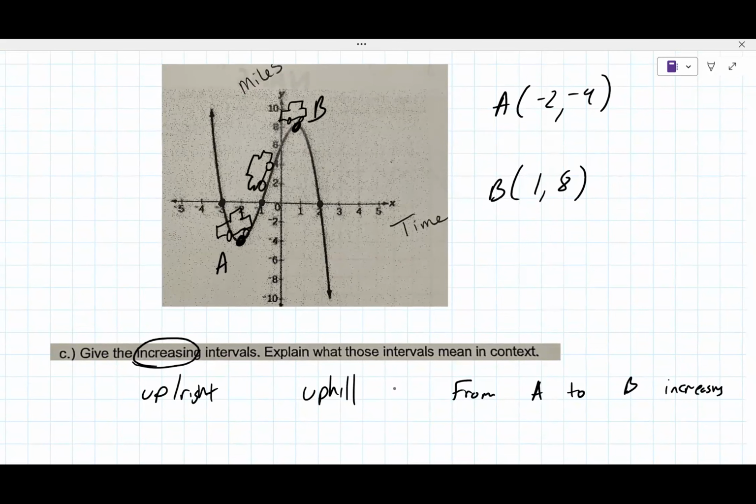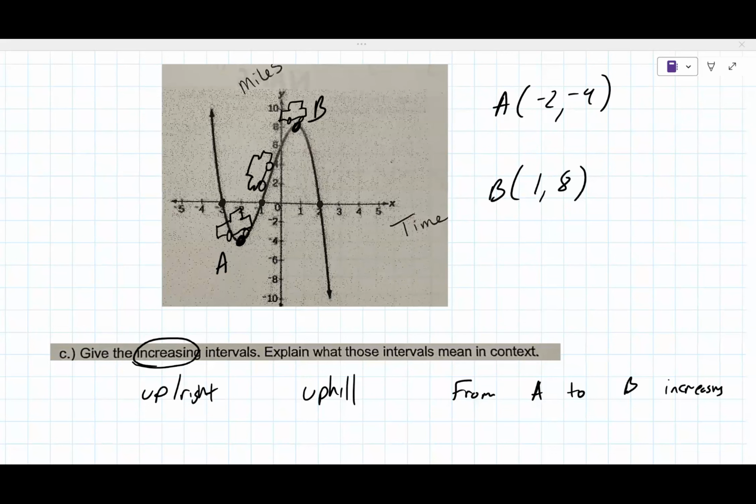Okay. Now, what is the X value at A? The X value of A is going to be -1, 0, and -3, 0. No. What is the X value at A? -2.